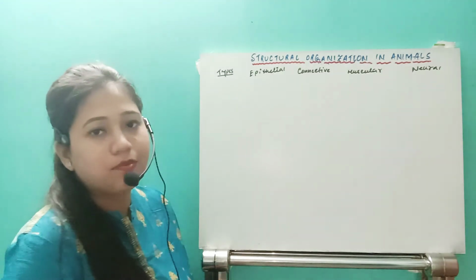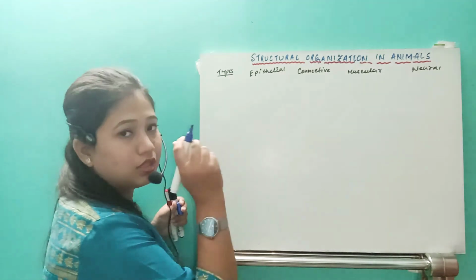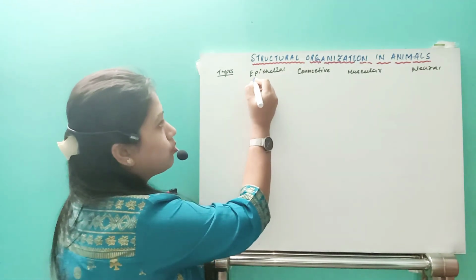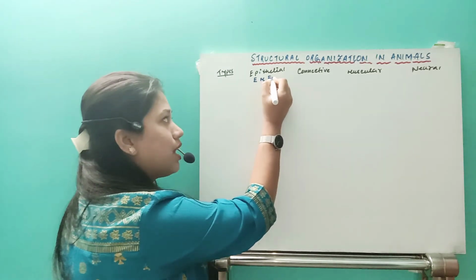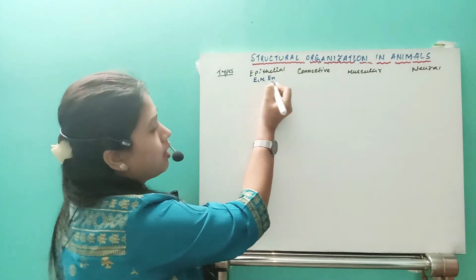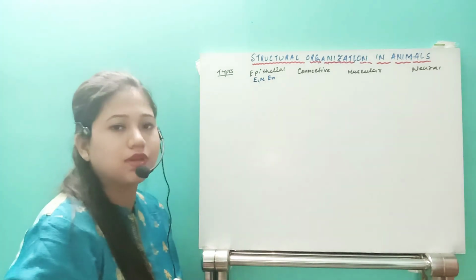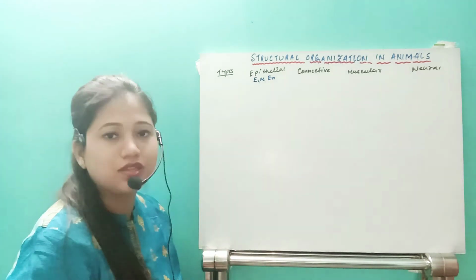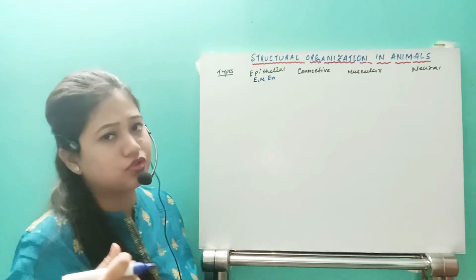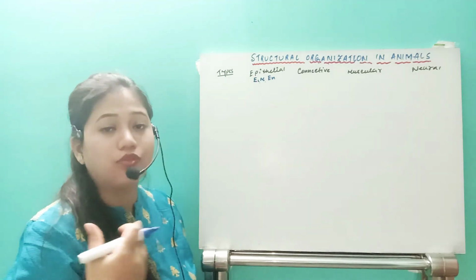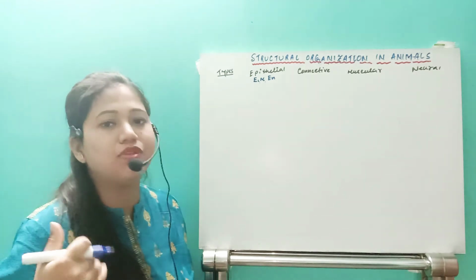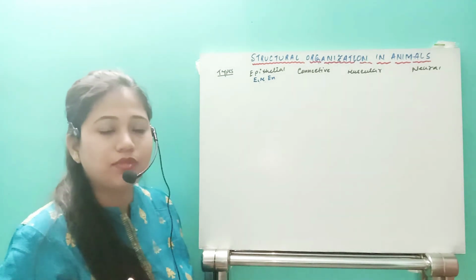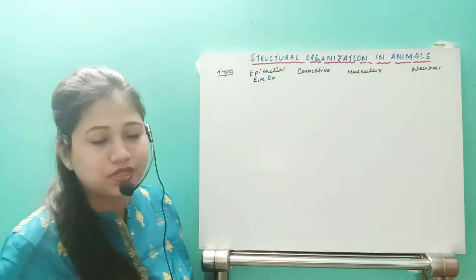So in the case of epithelial tissue, it is developed from ectoderm, mesoderm as well as endoderm. Okay, so it is derived from ectoderm also, mesoderm also, endoderm also, because it is found in all the regions of our body. It is present in the outermost regions also, in the middle part of the body, even in the alimentary canal also. The lining of the alimentary canal is also epithelial tissue.